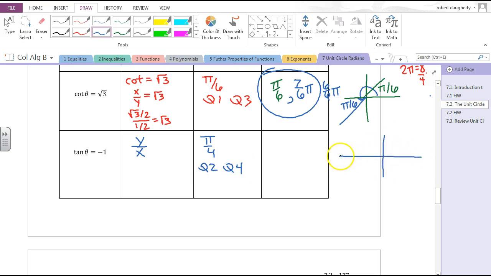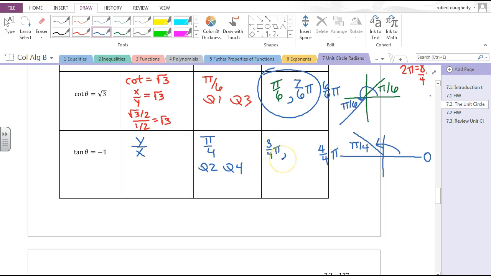So in quadrant 2, if this is pi over 4, here's 0, 180 is pi, or we can think of it as 4 over 4 pi. So where would I be if I were pi over 4 short of 4/4? That's 4/4 minus 1/4, which is 3/4 pi.